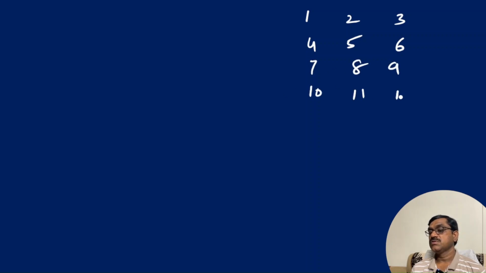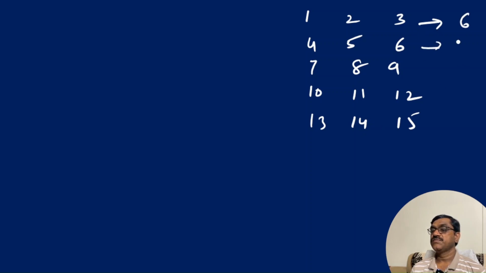So we have written that the elements are like this: 1, 2, 3, 4, 5, 6, 7, 8, 9, 10, 11, 12, 13, 14, 15. So here row sum, how much? 3 plus 3, 6.